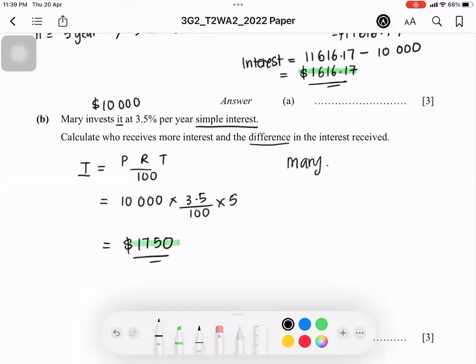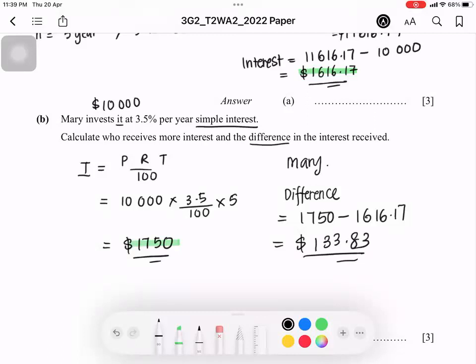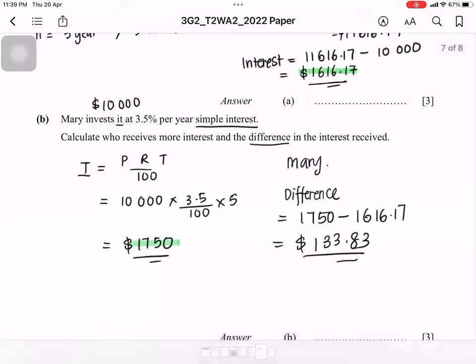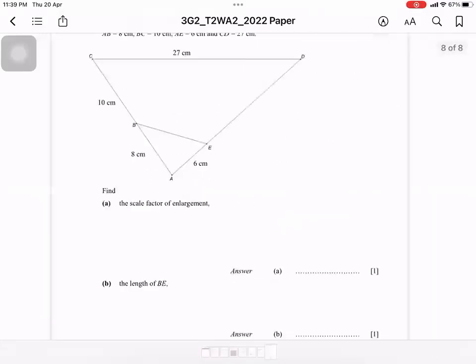So the difference equals to, you take the 1750 minus 1616.17 and you get our answer, $133.83. So this will be the difference. Have you gotten the answer? Now let's move on to our last page.